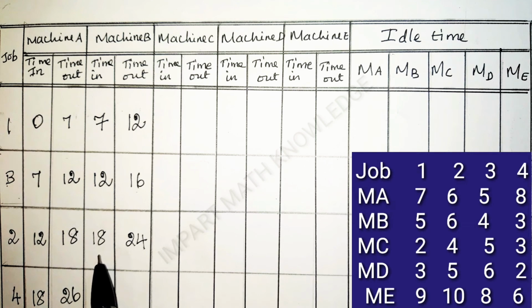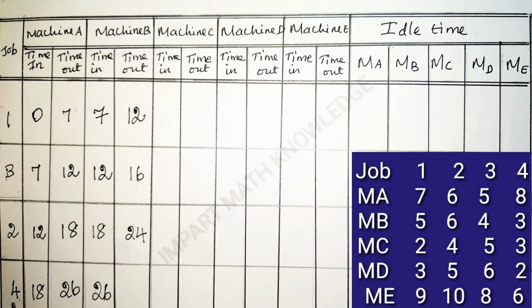Time in is 18, time out is 24 for job 2 on machine B. For fourth job, time in is 26 because 24 is not possible. The processing time for job 4 on machine B is 3. So 26 plus 3 is equal to 29. For job 4 machine B, time in is 26, time out is 29. The time in and time out for machine B is over.